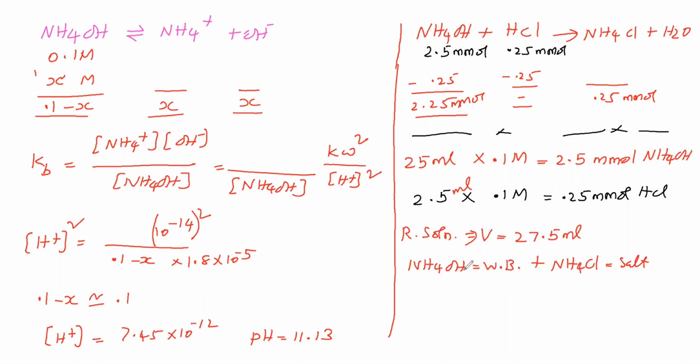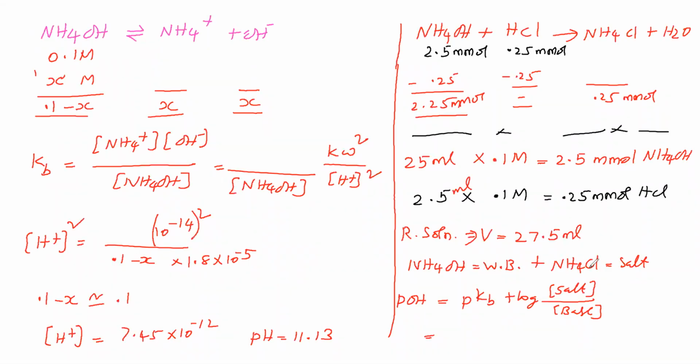So for calculating the pH of a buffer solution, we have to use the Henderson equation. Now, it is a weak base, so it is a basic buffer. Therefore, for a basic buffer we use this formula: salt by base. Now we will substitute pKb. So pOH is equal to pKb, where pKb means minus log Kb.